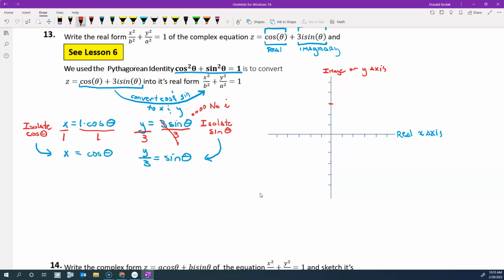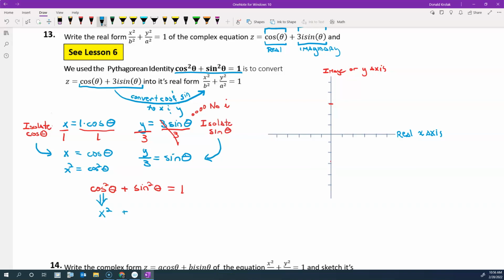Now you're going to use this Pythagorean identity: cosine squared theta plus sine squared theta is equal to 1. If I squared both sides here, cosine squared theta is x squared, so I can take this out and replace it with x squared.